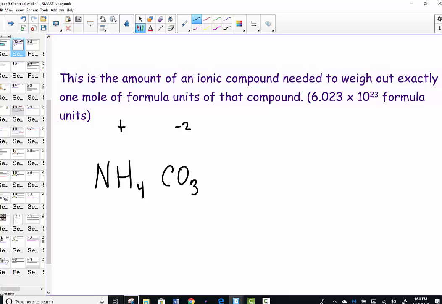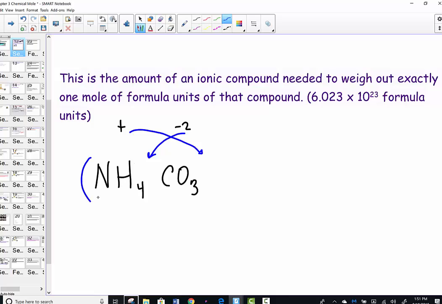Does a +1 balance the -2 to be electrically neutral? No. That tells us we need to crisscross our charges. When I crisscross charges, I bring them around and down, not the sign, positive or negative, but the number, because the subscript is a quantity, it's not a charge.